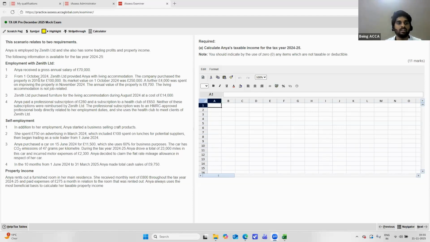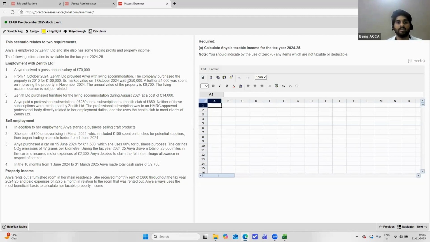As we can see, the property is being provided in the middle of the year, because the tax year runs from 6th April to 5th April, and it's being provided from October 1st. The property was purchased in 2010, which is more than 6 years before it was provided to Anya. Its market value on 1st October 2024 was 250,000.